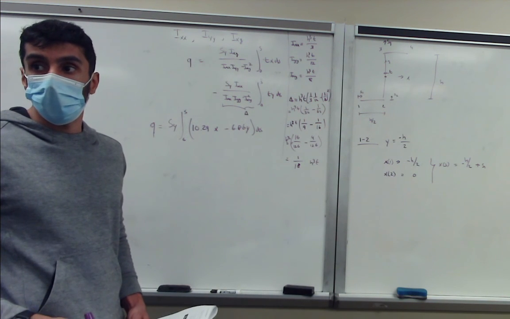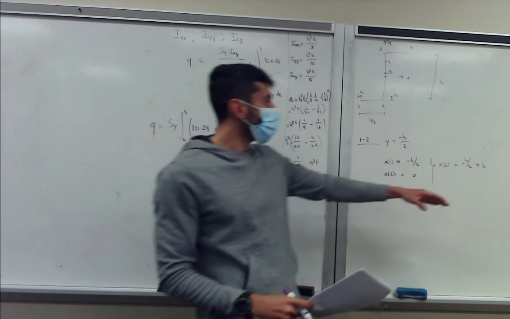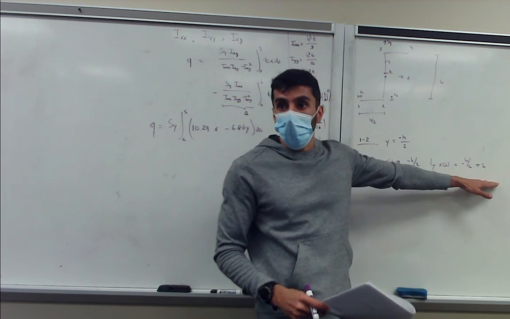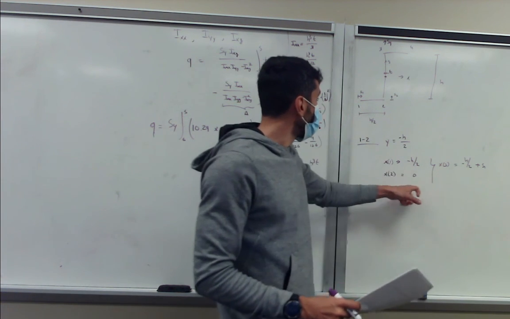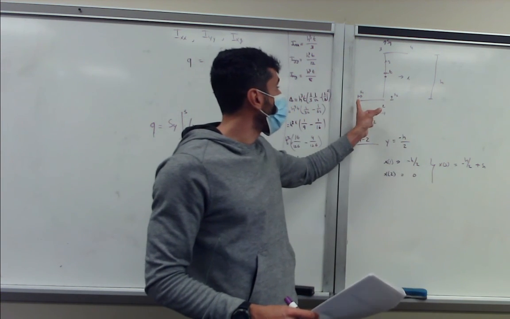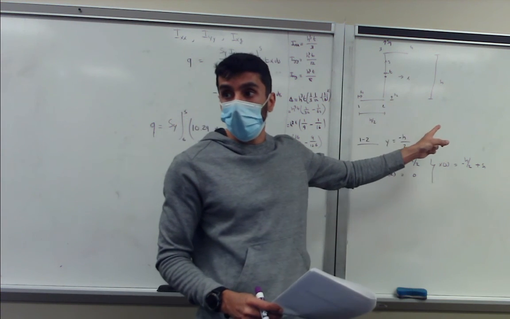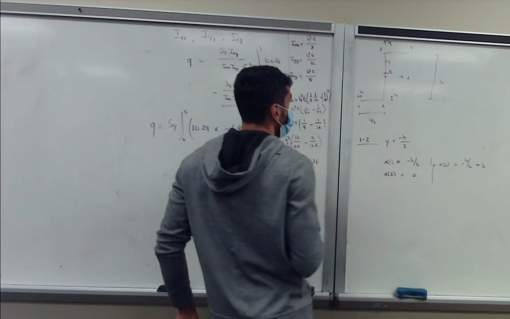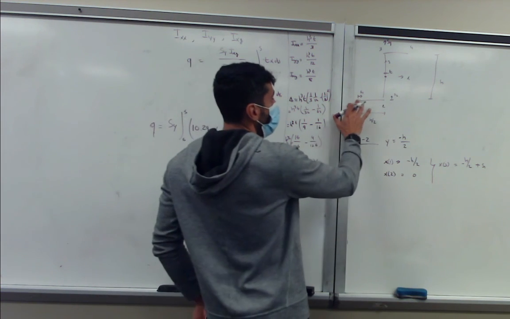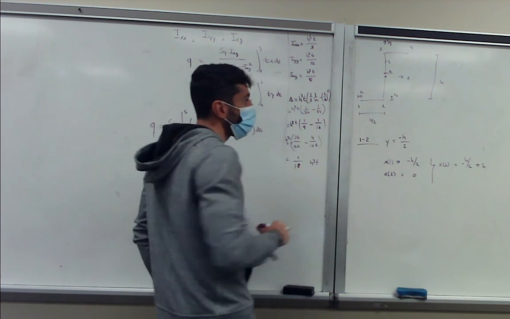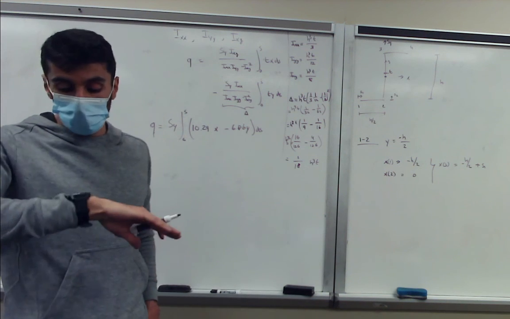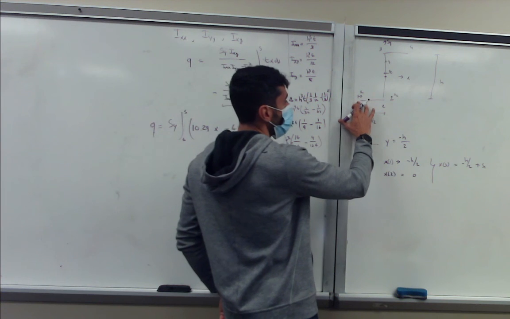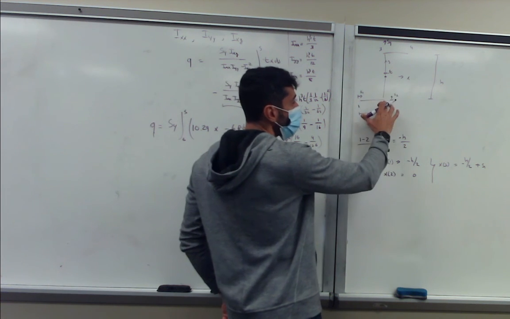Is this clear? Because this is basically where I would say 80% of the mistakes come in. First define the correct integration bounds, and then define how x and y vary with your path s. So we say here that our path starts from 1 to 2. If I'm walking along this path, I know that my y location remains constant at h/2, but my x location varies from negative h/2 to 0.